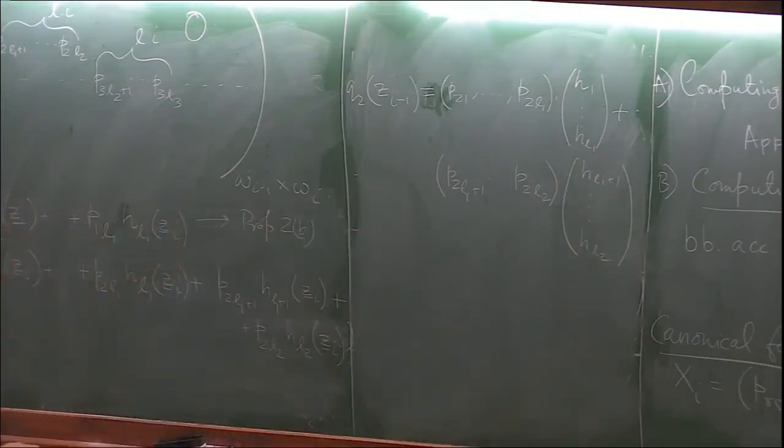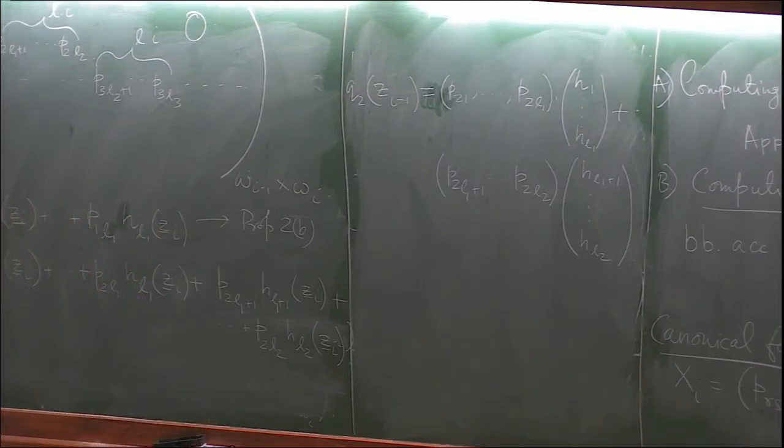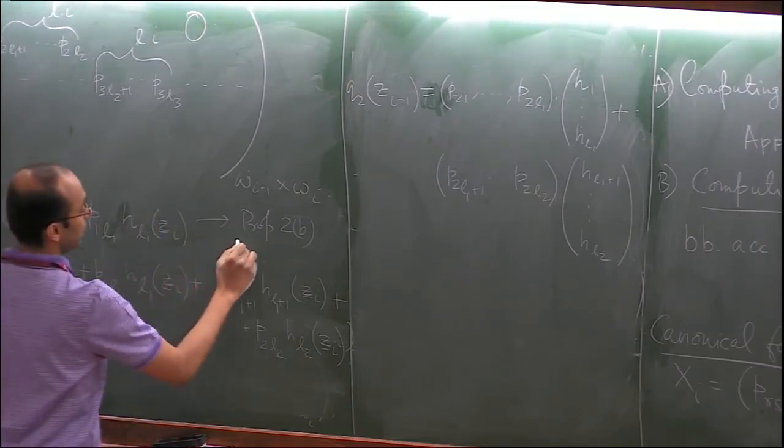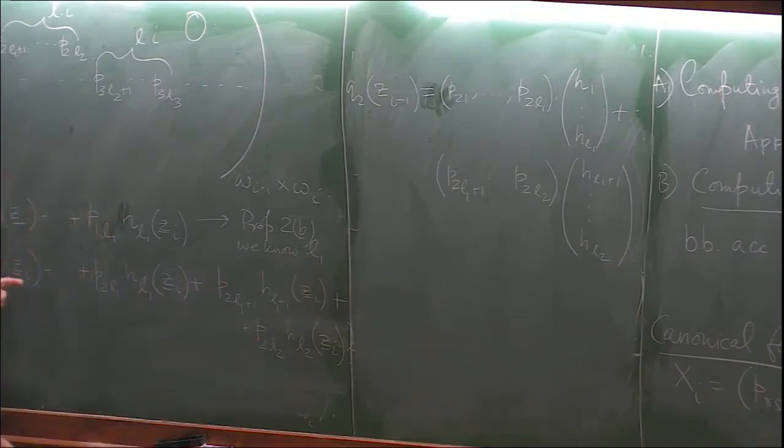You can write this in this form. You know all the W's. And by the way, once you solve this, you also know L1, right? Because you found the expression. L1 is just the evaluation dimension. So after we apply this, we know L1 by the time we come here. Look at this equation.